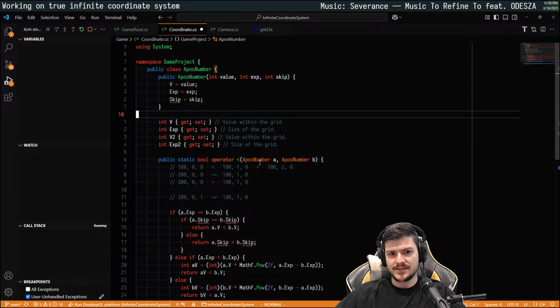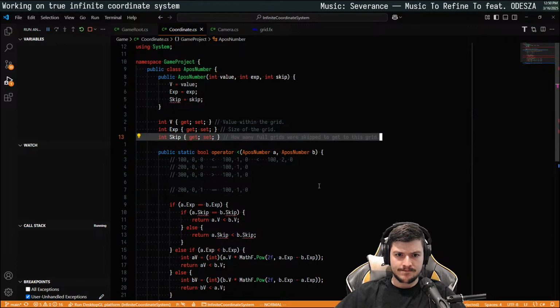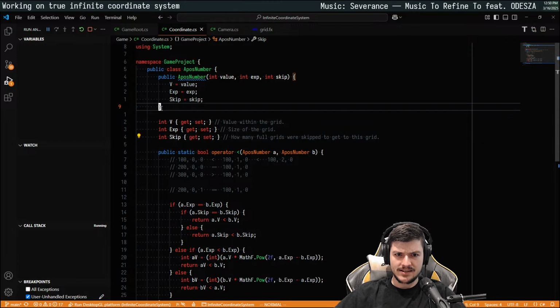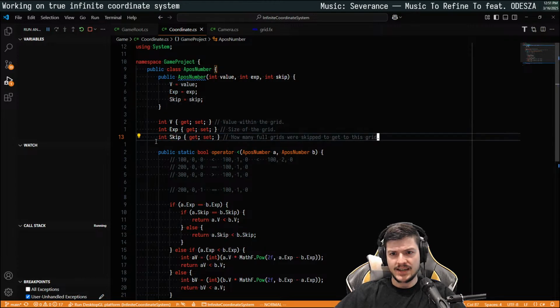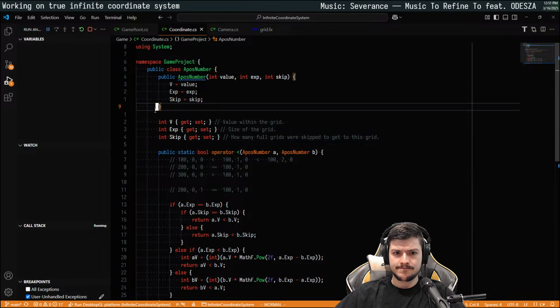But I don't think I can express every number. Like, with this I can express every number up to a point within this grid. This grid size.